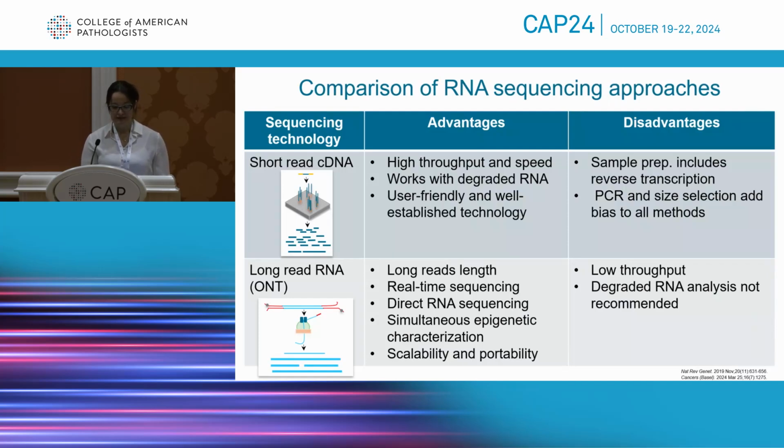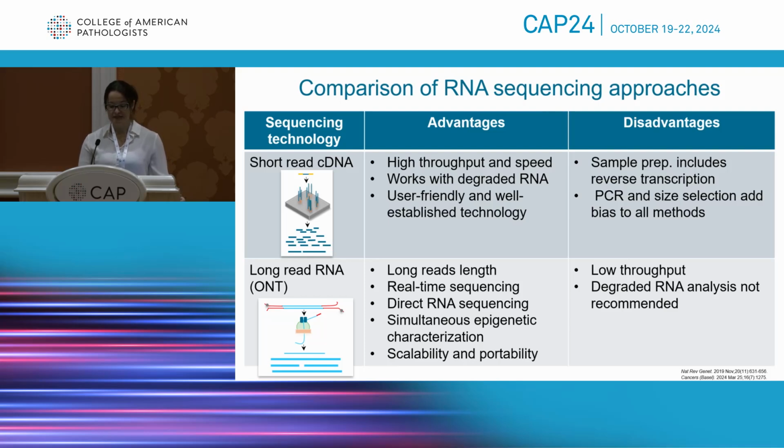Although short-read sequencing has been the most prevalent testing approach, long-read sequencing methods are also available and are starting to make their way into clinical laboratories as well. Each of these technologies has specific advantages and limitations, but overall, short-read sequencing is quite robust and provides the highest throughput in terms of number of reads per reaction, which can be particularly relevant for some applications, such as the detection of fusions when the genes have a low level of expression, such as ETV6-RUNX1 in leukemias, or if you're looking at gene expression profiling analysis as well.